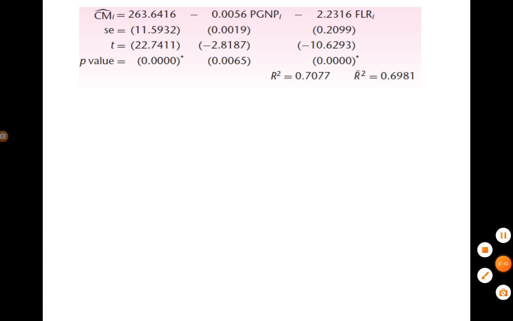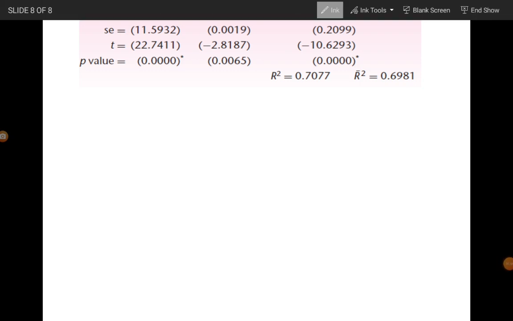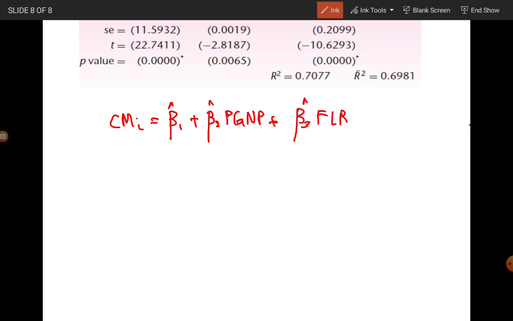So let's just see. Yeah, the model that was estimated was beta 1 hat plus beta 2 hat per capita GNP plus beta 3 hat female literacy rate plus UI hat.